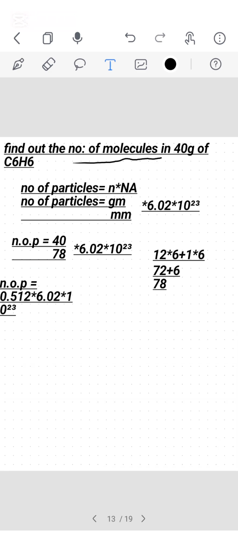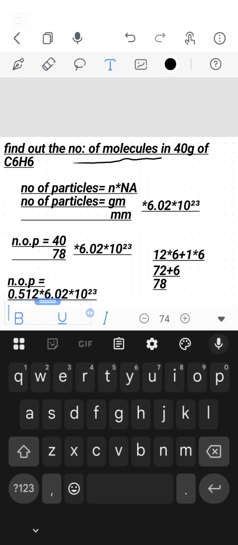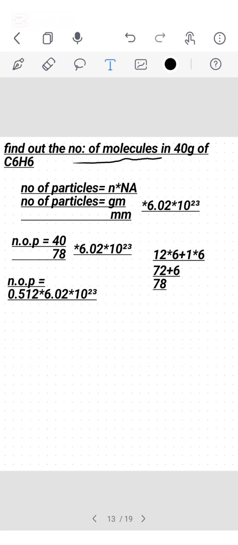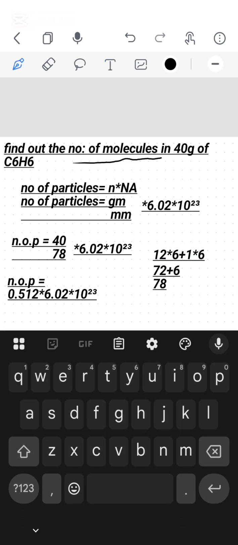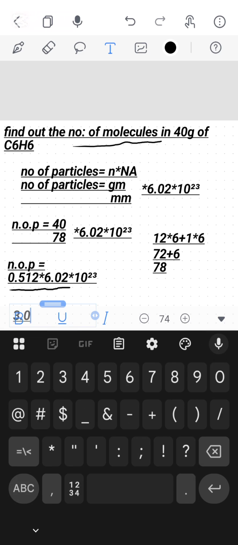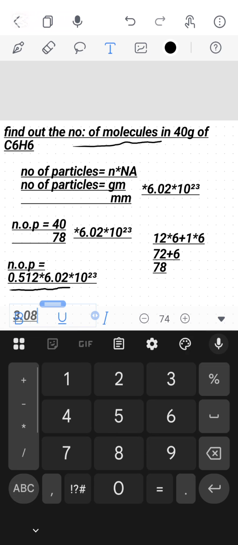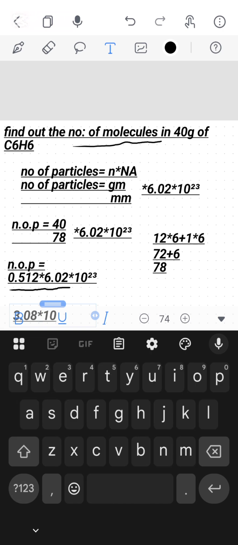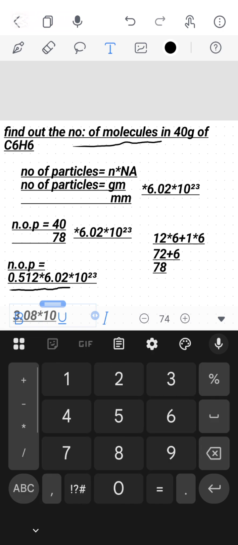Okay, so that is how it works. I can make it more accurate: 0.512 multiplied by 6.02. I already told you in a previous class that this 0.5 will be multiplying with 6.02. So if we multiply them, the value we will be getting would be around 3.08, and then it will remain the same, multiplied by 10 power 23.